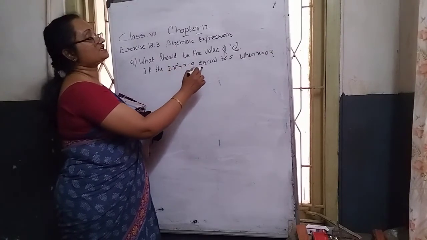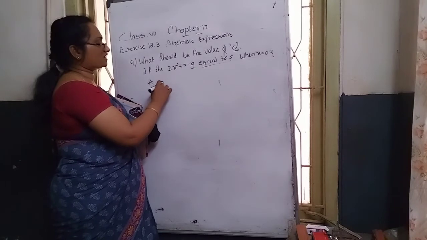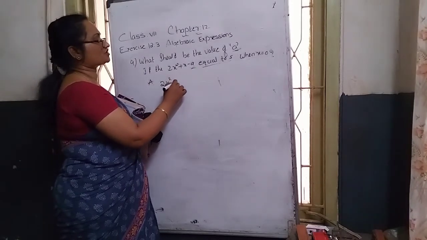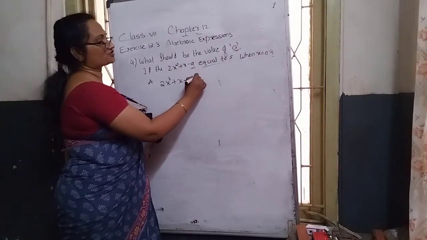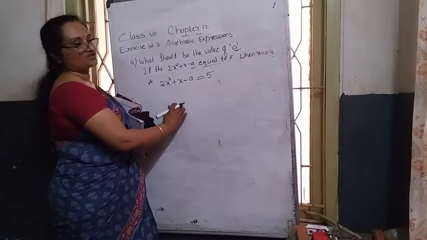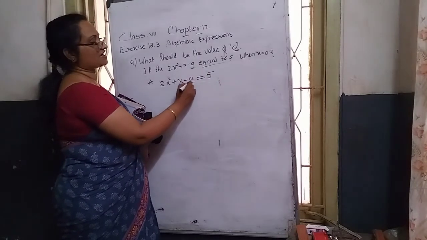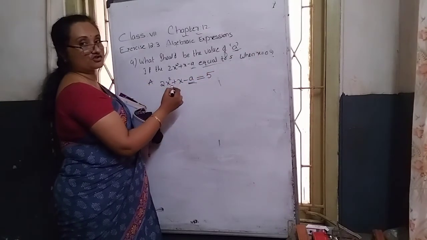This expression is equal to 5, as they gave it in a sentence. So how can we write it symbolically? The expression 2x square plus x minus a, we put an equal sign to which number? 5. Then using this expression we find this a value. But other than a, there is another alphabet in the expression.